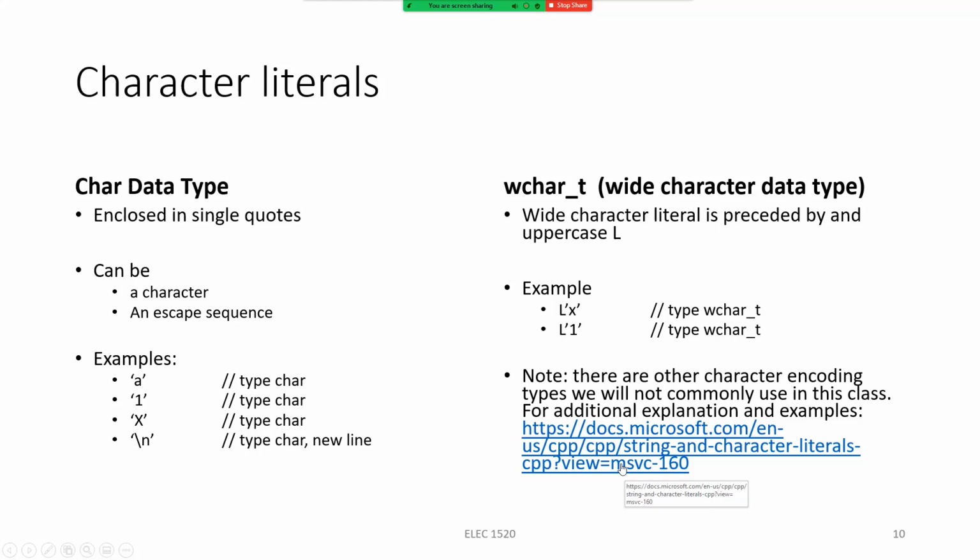There are many different ways to encode characters. We'll typically just work with the ASCII encoding in this course. So the important point is a single character enclosed in single quotes is of type char. If there's more than one character enclosed in single quotes, it has to be an escape sequence to be valid, and it's of type char.